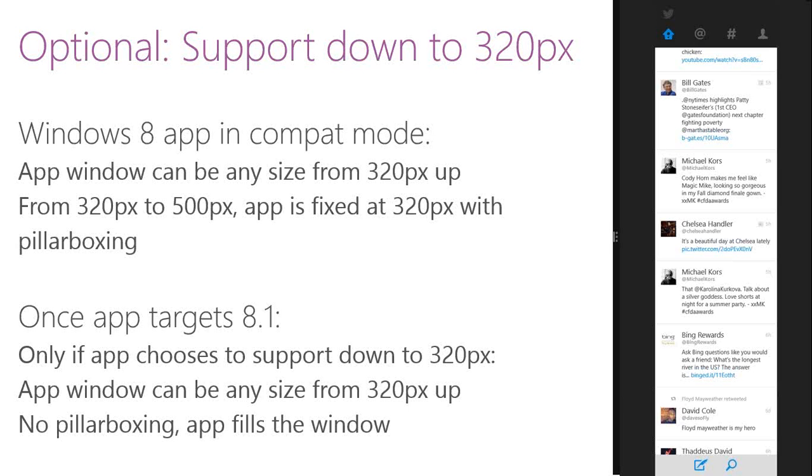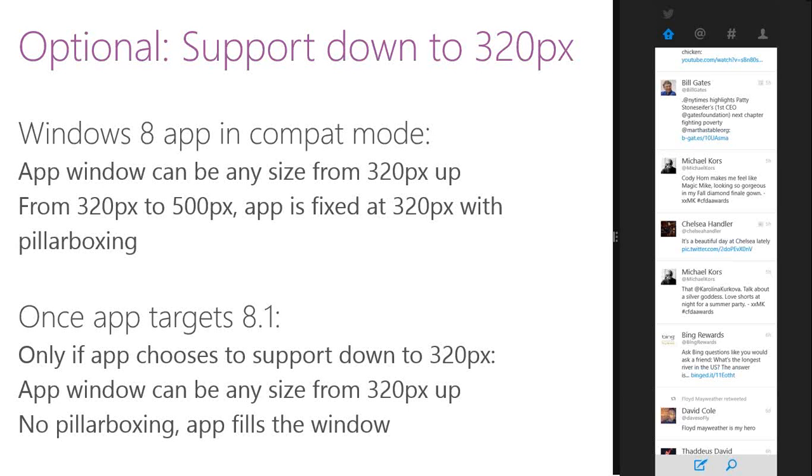On the right hand side, you can see a Twitter application which is taking a 320 pixel space. But can you see the black area around the application? That's called pillar boxing. We do that so that we can run the Windows 8 applications which are not yet targeting Windows 8.1 but are still available. They'll run, but they'll run in pillar boxing.